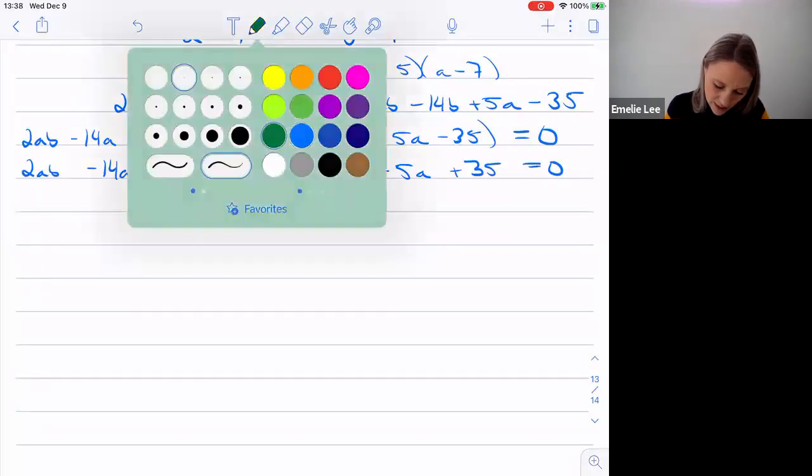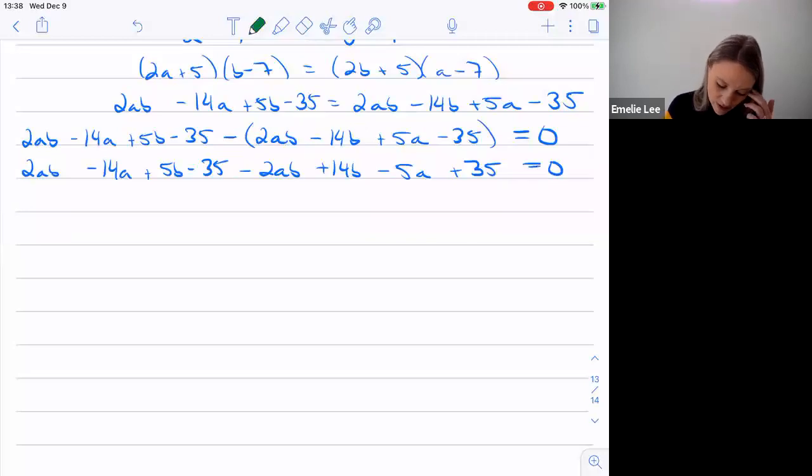So now I'm going to cancel. Okay, I've got some nice easy cancellations going on here. 2ab minus 2ab, great, they're gone. Notice I'm going to cross them off as I go because otherwise it can get really messy. So negative 35 plus 35, fine.